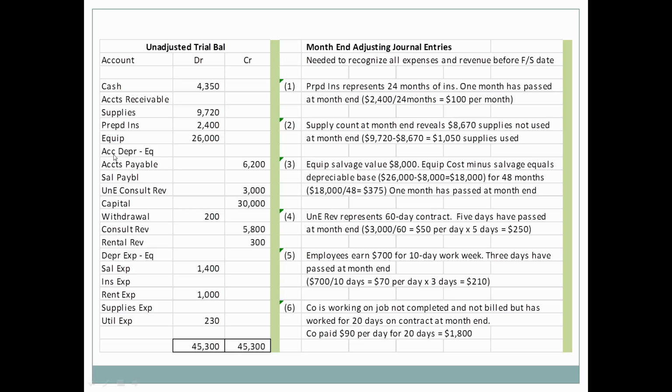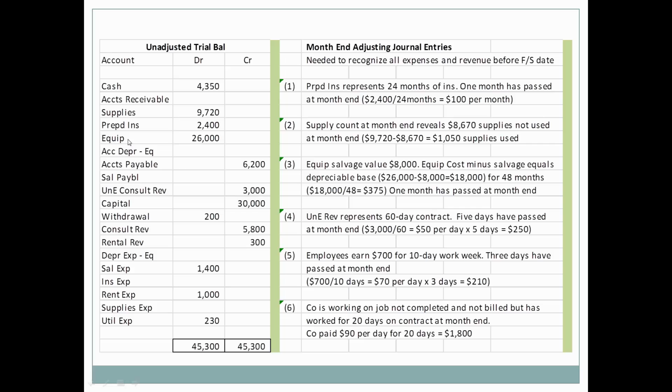Now, a word about accumulated depreciation. We are going to use this account when we do the journal entry for depreciation expense. This is a contra asset account. It is in relationship to the equipment costs.